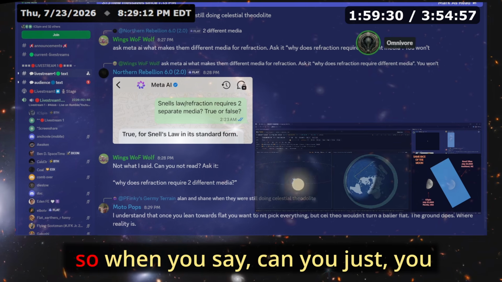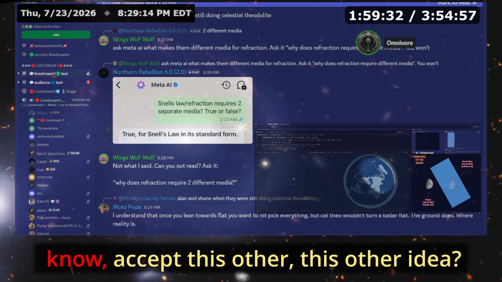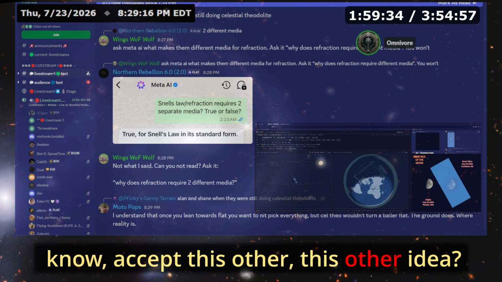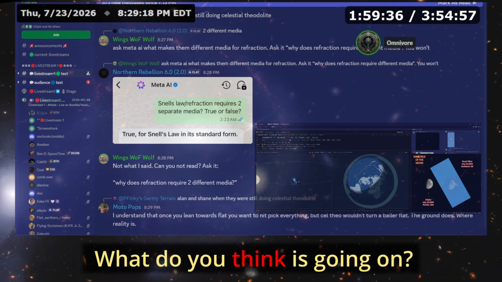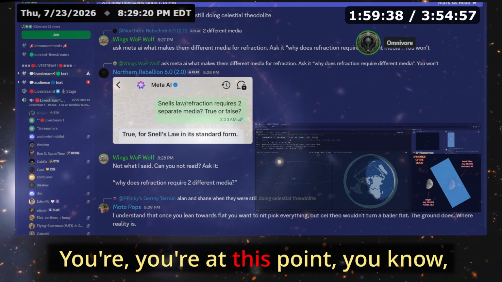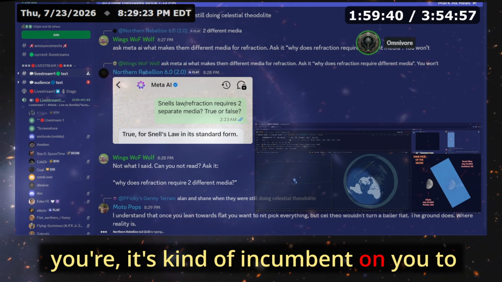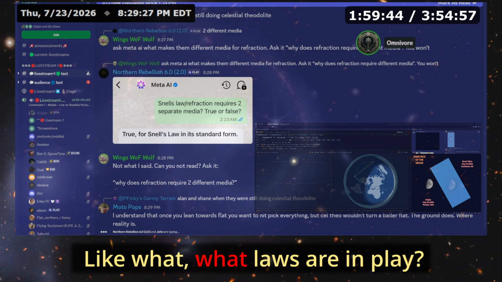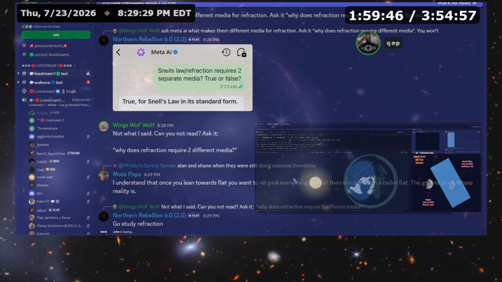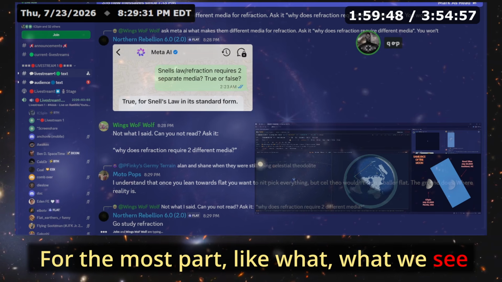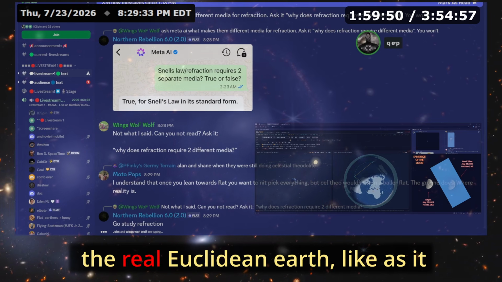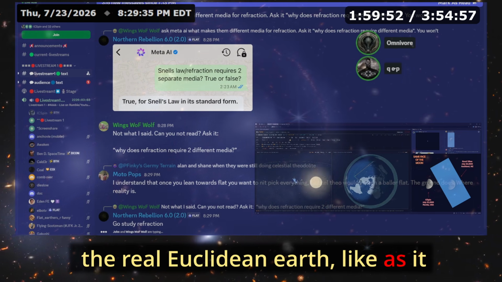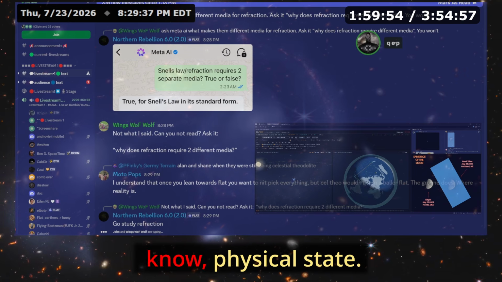So when you say, can you just accept this other idea? Sure. What do you think is going on? At this point, it's kind of incumbent on you to explain how you think this works on the flat Earth. Like what laws are in play. For the most part, what we see has nothing to do with the real Euclidean Earth as it exists in its omnipresent physical state.